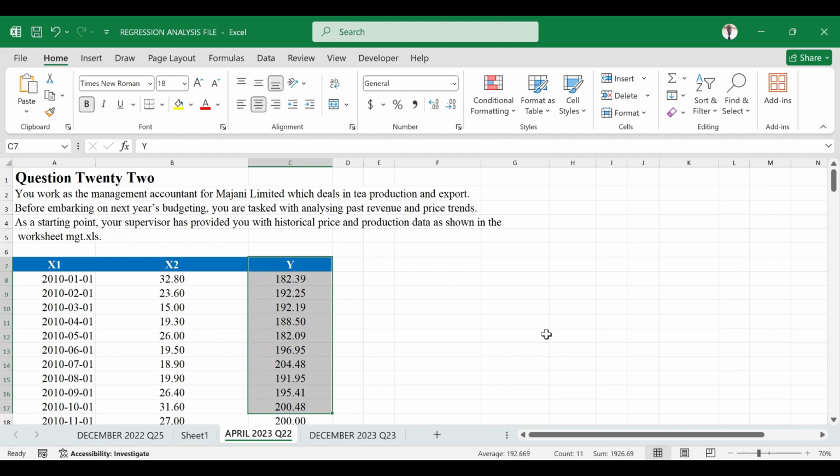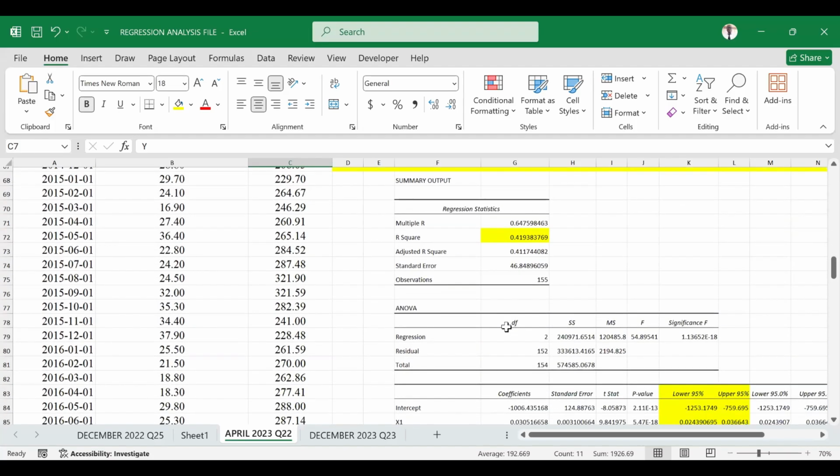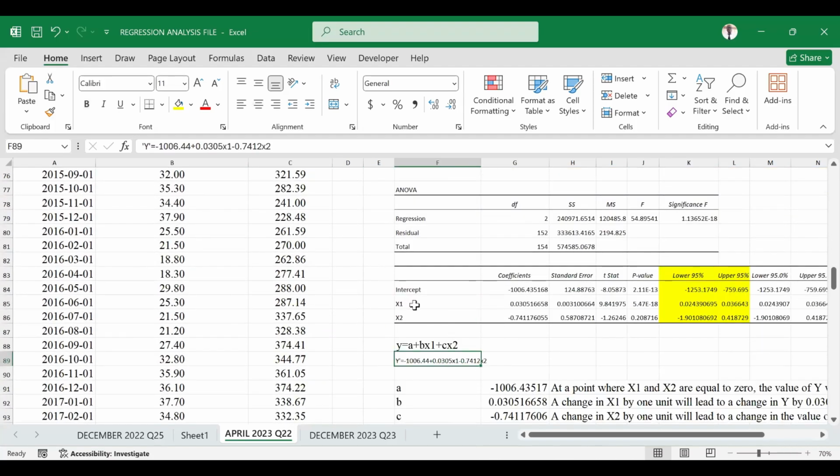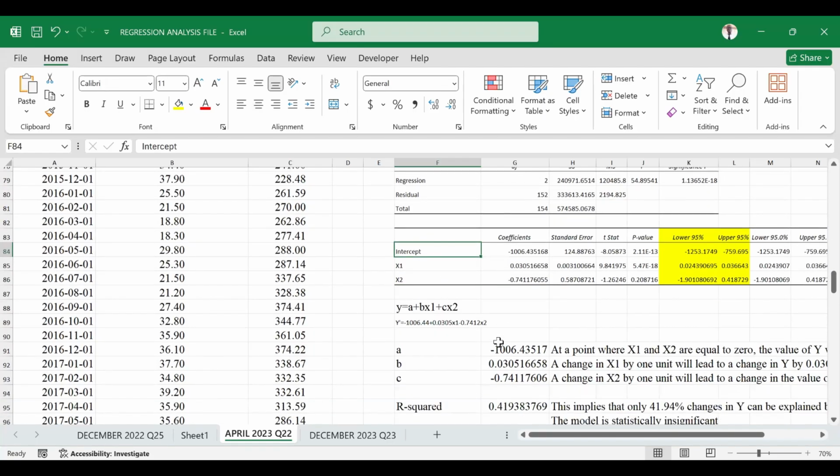That is important because you are telling Excel that in the range of data that you need to analyze and give me an output, there is a title included, so that it will be able to give you the correct output. That's why in your output you have the analysis, you have X1 given there, the X2, the variables, and also you have the intercept. That is important when you're running it.